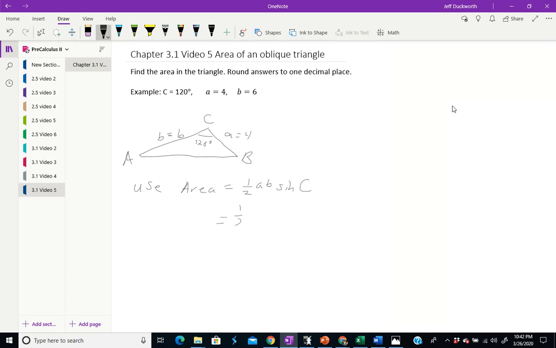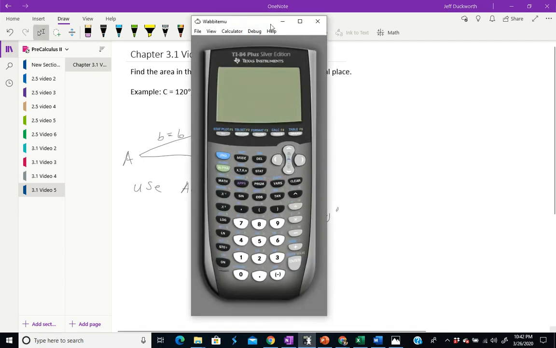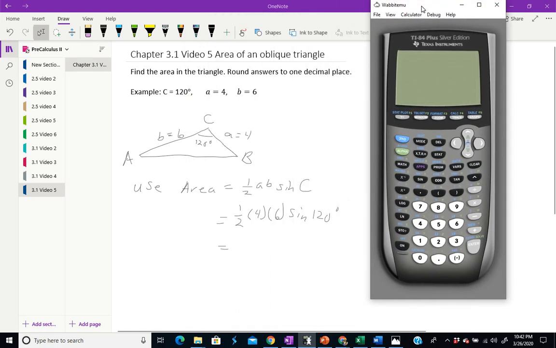So that's 1/2, a is 4, b is 6, and then we want the sine of 120 degrees, which we can find using a calculator. We can actually do this one without that, but we'll use a calculator. Since I'm having you round everything, you might as well use it first.